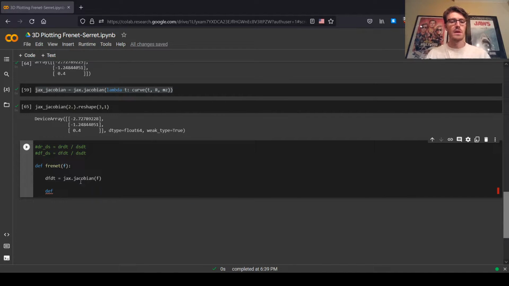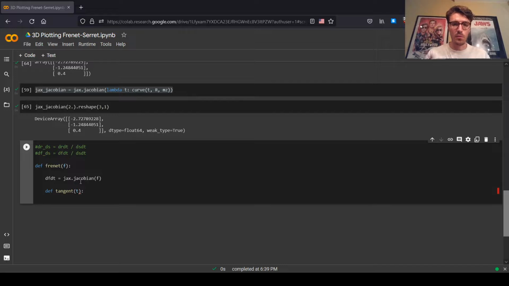So this is where we can make our next function, this higher order function. Define tangent. A given tangent vector will depend on time, right? Its location on that curve, where that tangent vector is, will depend on time. And we're going to use this same thing to determine the tangent vector.